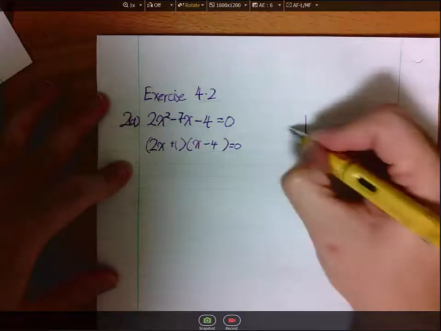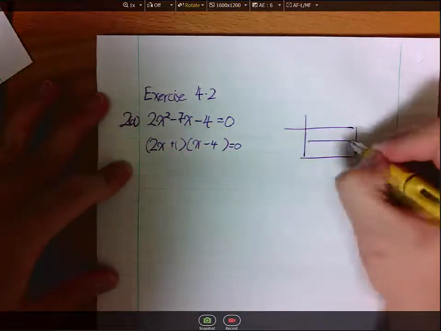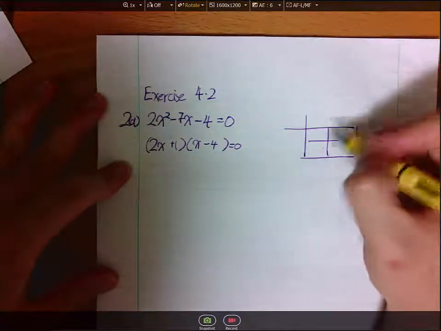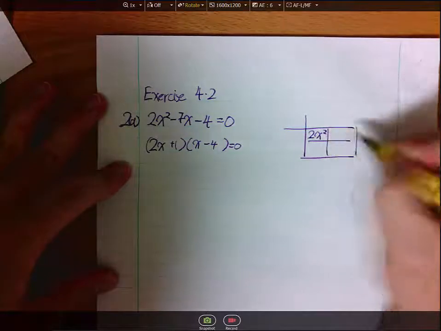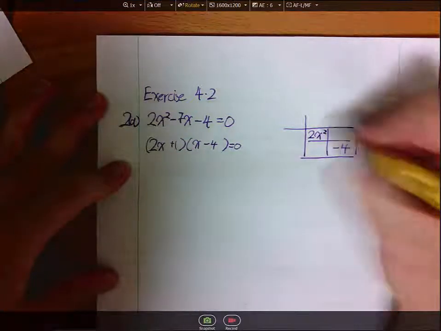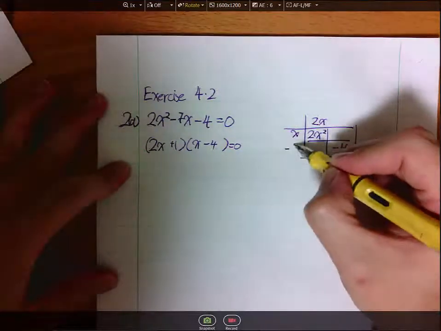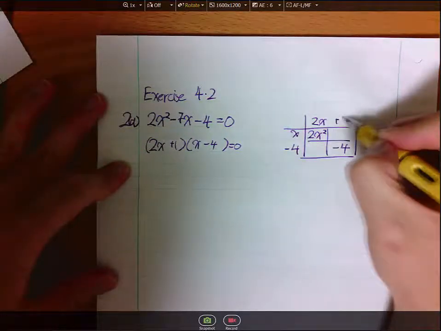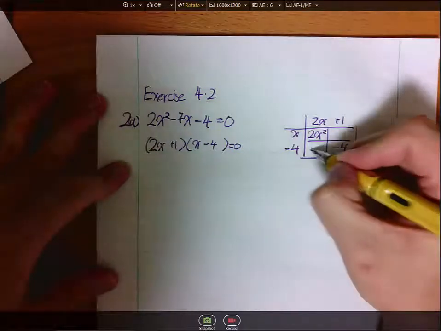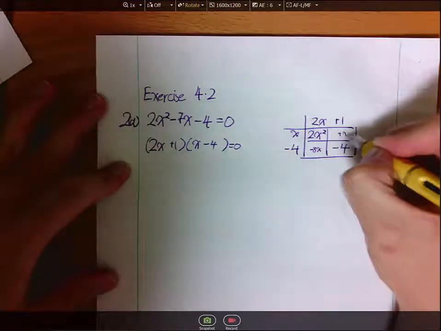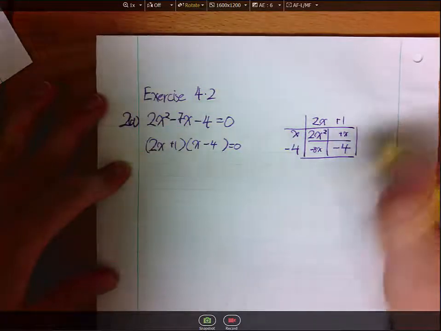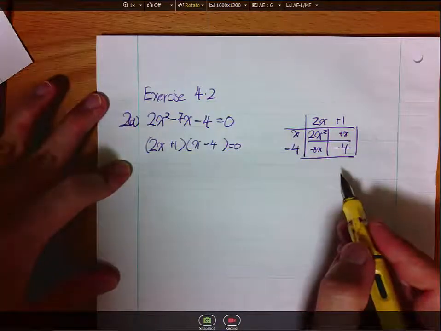Let's do it by the multiplication frame. So we have 2x squared and negative 4. So we have 2x and x, and negative 4 and 1. We check. This is negative 8x plus x. Together they give you negative 7x. The frame is correct.